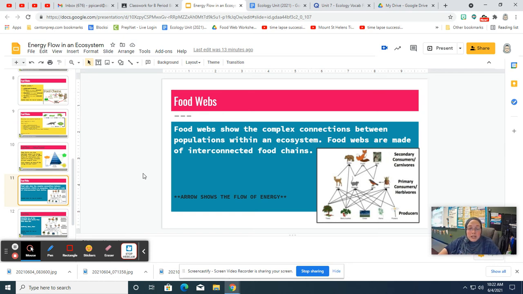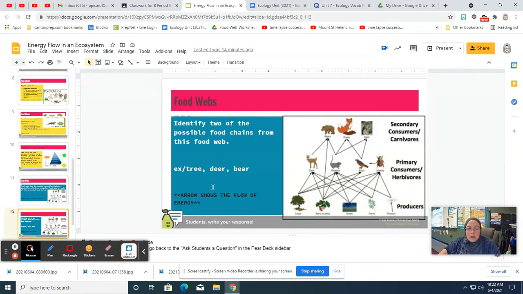One thing that makes them different is that we may have one producer be the producer for several consumers. So when we're looking at a food web, we might be asked to pull out a food chain, a series of relationships between a set of organisms, and we can go ahead and do that.